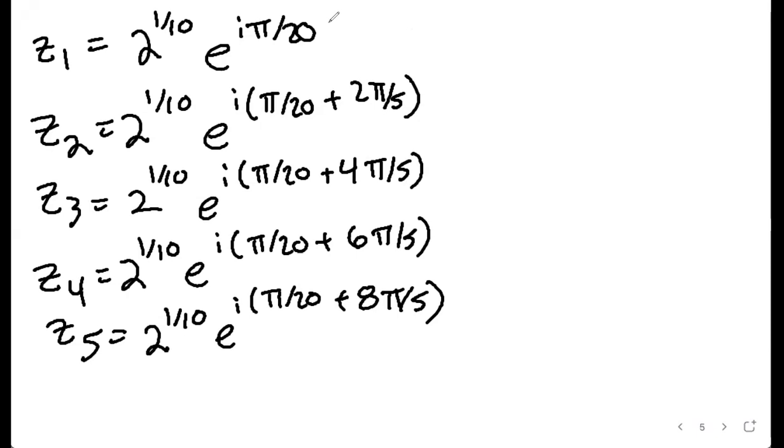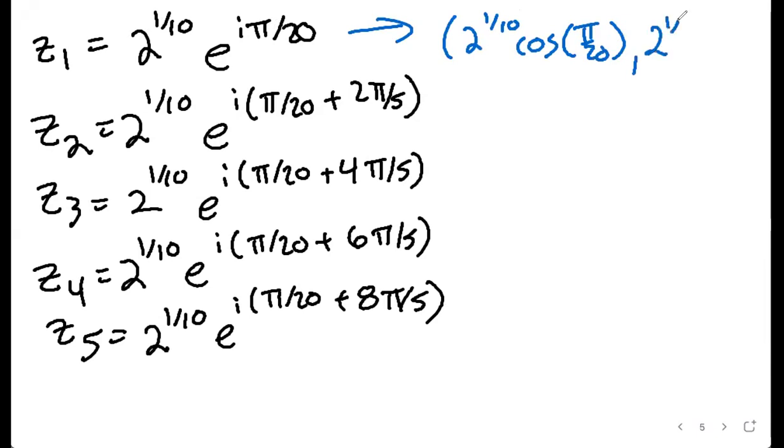So if we have z1 is 2 to the 1/10 e to the i pi over 20, the X coordinate would be 2 to the 1/10 cosine of pi over 20. The Y coordinate would be 2 to the 1/10 sine of pi over 20, writing this as x comma y.